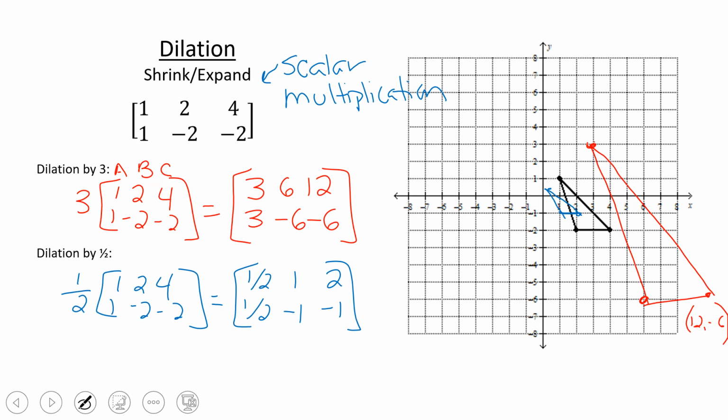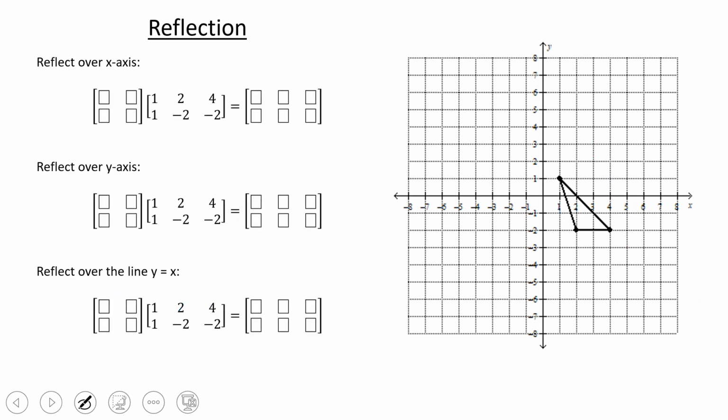All right, we've translated, we've dilated. Now let's talk about reflection. And I've kind of got some empty boxes in here because we're going to actually create the 2 by 2 matrix that we're multiplying by. We're going to think through it, okay? So if I am going to reflect over the x-axis, I know that that means my y's are going to change.